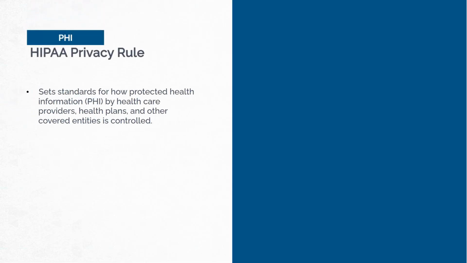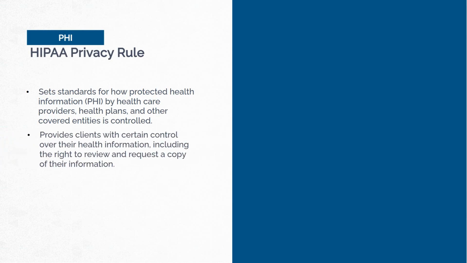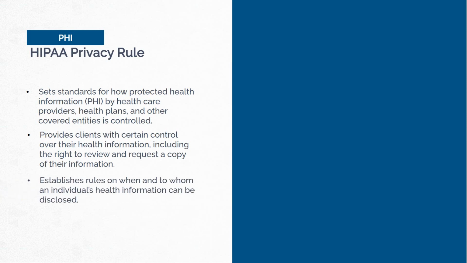The HIPAA privacy rule sets national standards for when protected health information, or PHI, may be used and disclosed. The privacy rule provides individuals important rights with respect to their protected health information, such as the right to view and request a copy of their information. The HIPAA privacy rule permits the use and disclosure of an individual's health information needed for patient care and other important purposes.